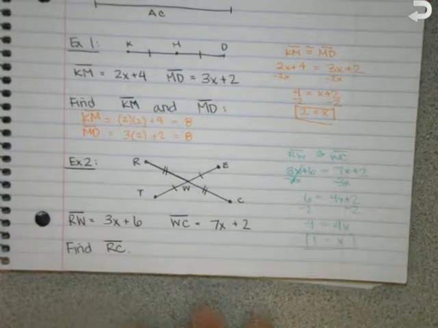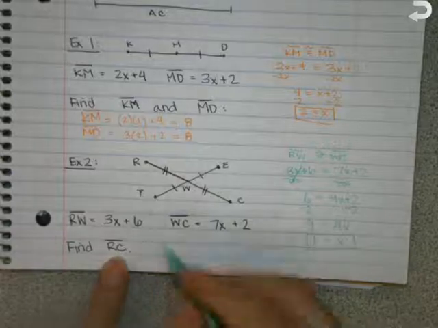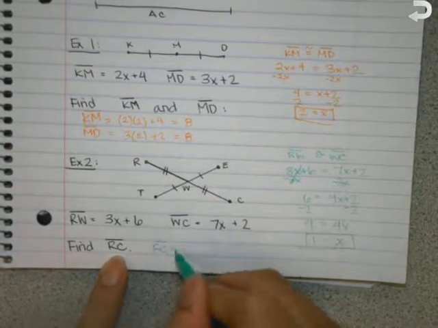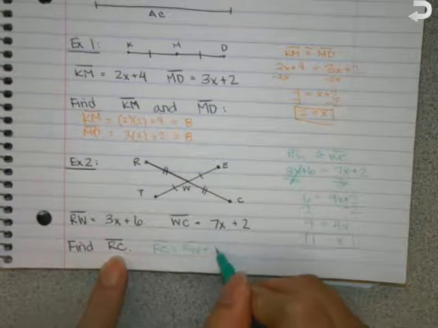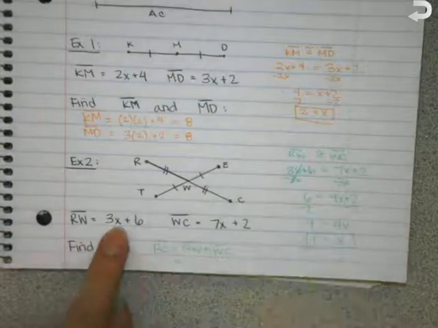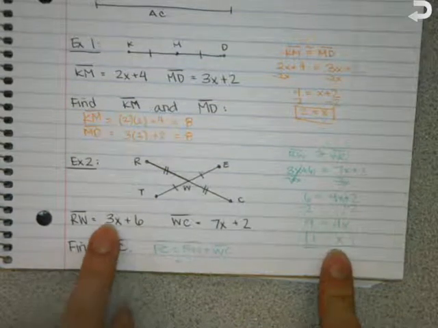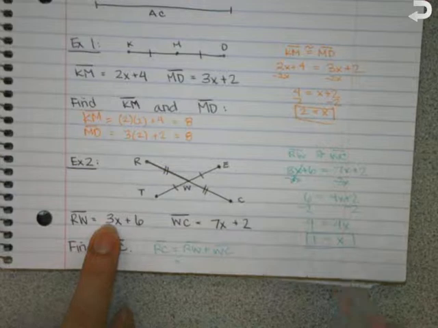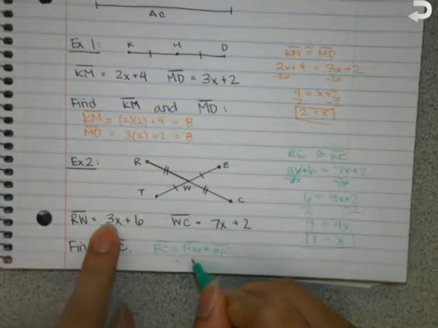Okay. And then by postulate number 6, we know that RC is equal to RW plus WC. We know that RW is 3x plus 6, but we know what x is. x is 1. So if we substitute that for x, we get 3 times 1 is 3, plus 6 is 9, plus WC.